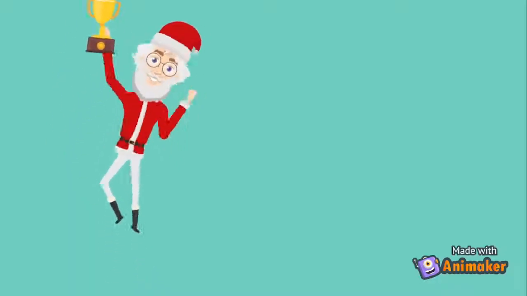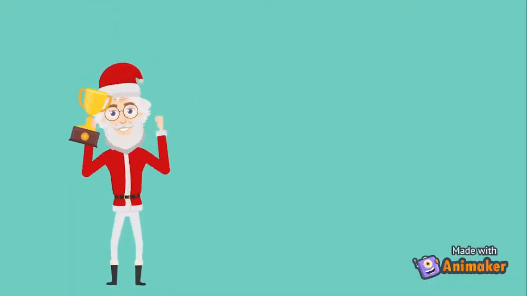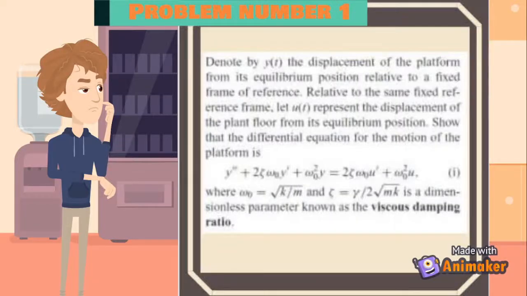Our last problem is problem number 1. Denote by y of t the displacement of the platform from its equilibrium position relative to a fixed frame of reference. Relative to the same fixed reference frame, let u of t represent the displacement of the plant floor from its equilibrium position.